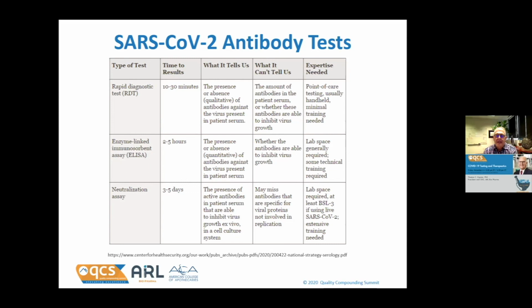Versus a neutralization assay, where the lab requires at least a BSL-3. That's pretty critical. That's Biosafety Level 3 if you're using a live SARS-CoV, and extensive training is needed. So you can see there's a big variation in the tests being used, the time it takes to get the results, and what it tells you and what it does not tell you.